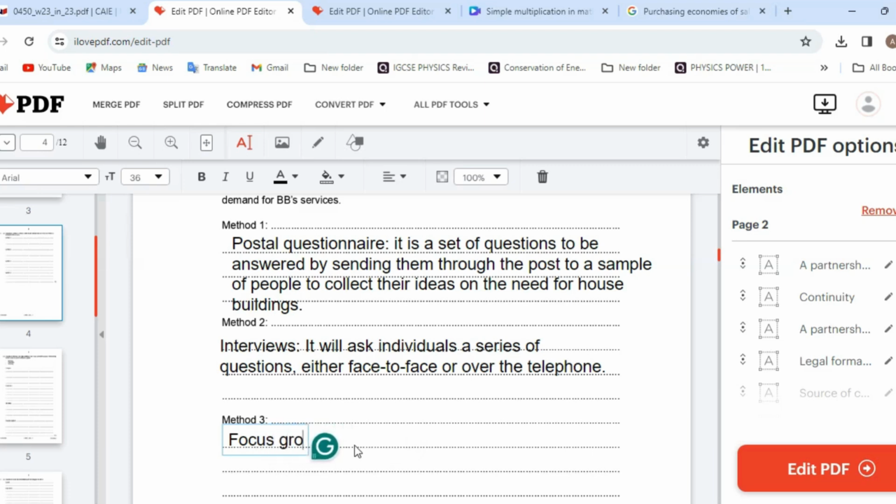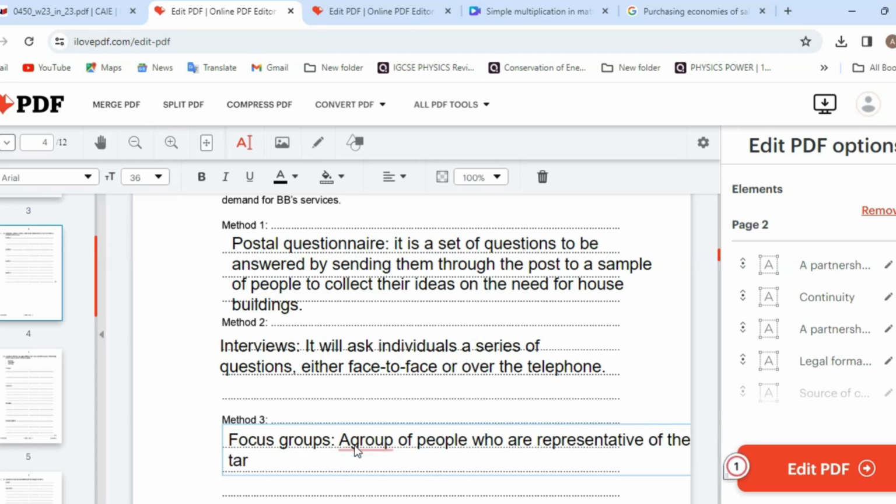Primary market research, also focus groups, that is a group of people who are representative of the target market.